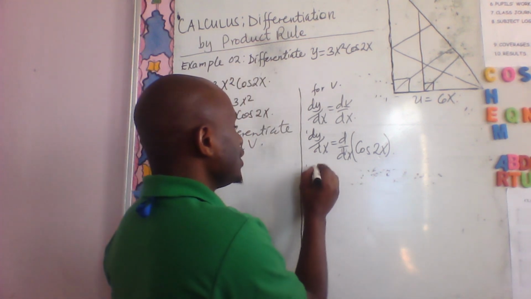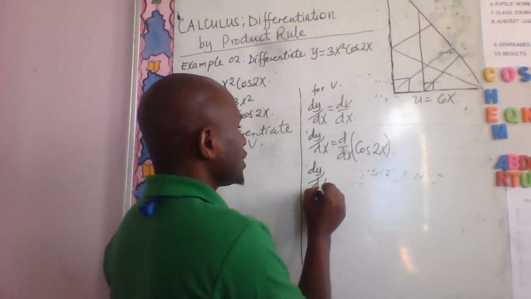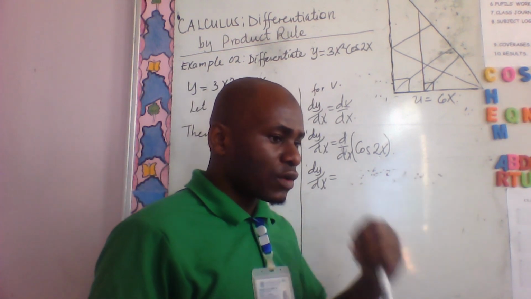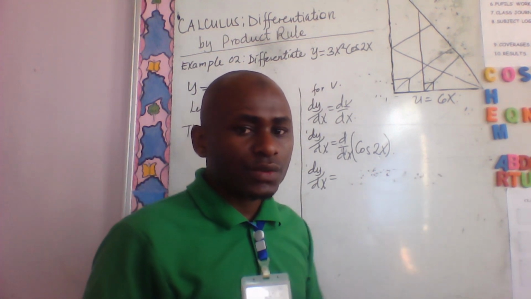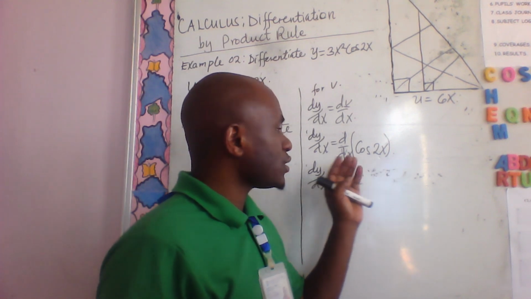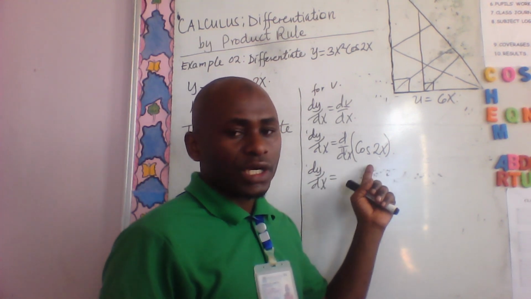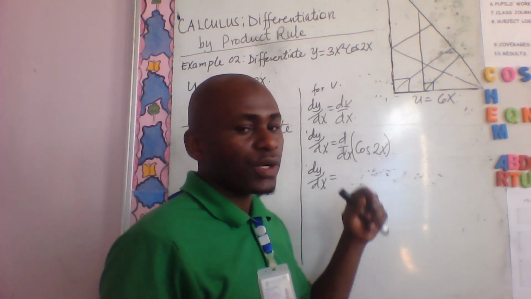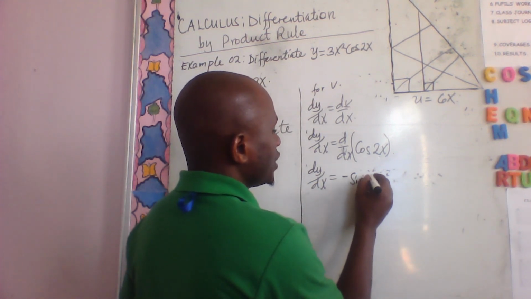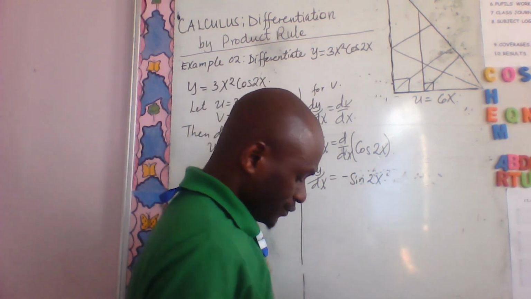So dy over dx here is equal to, when you differentiate the cos, you will end up with a negative sign. So here we will end up with a negative 2. So here we will end up with a negative sine 2x. So here we got a negative sine 2x.